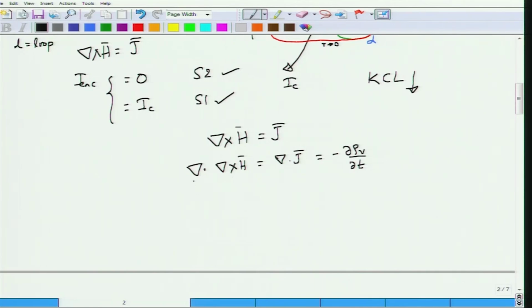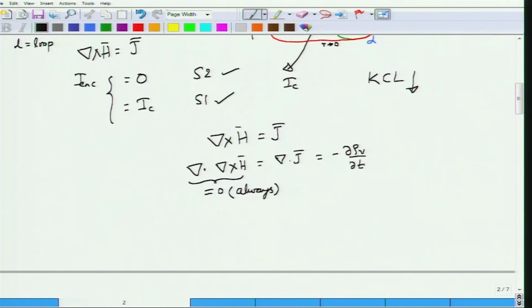Why? Because the divergence of curl will always be equal to 0, always. It will be equal to 0 today, it will be equal to 0 tomorrow, and it will be equal to 0 as long as we are alive. So because this is 0, clearly that would force del rho_v by del t equal to 0 everywhere.